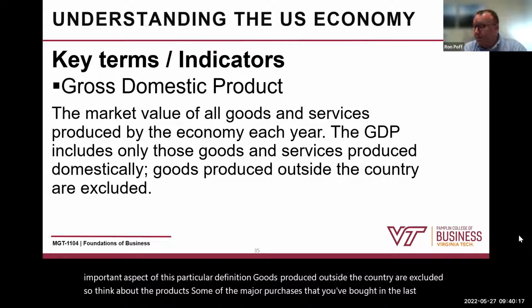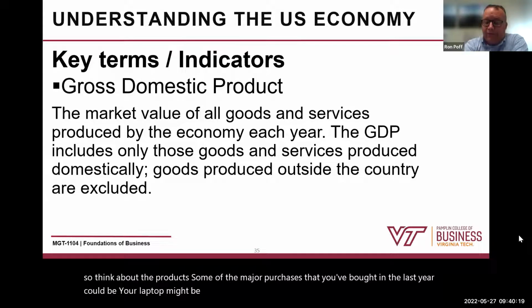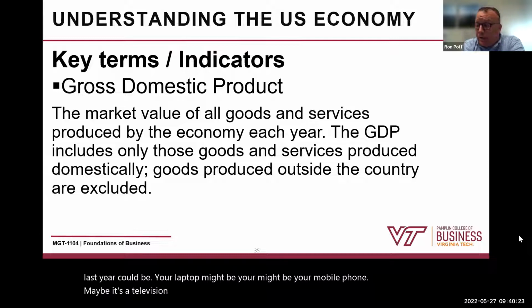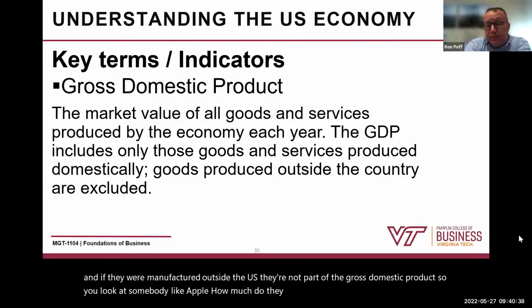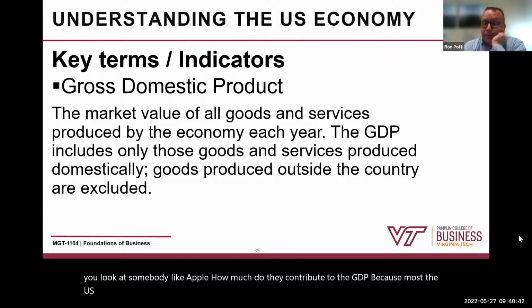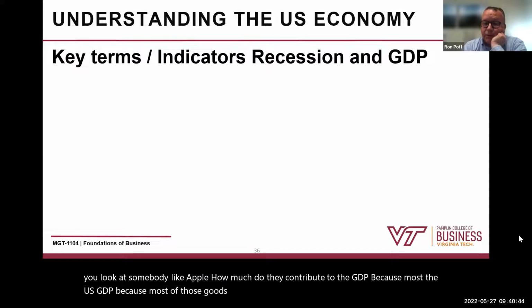Could be your laptop, might be your mobile phone. Maybe it's a television at home in your apartment. Think about where those were manufactured. And if they were manufactured outside the U.S., they're not part of the gross domestic product. So you look at somebody like Apple. How much do they contribute to the U.S.'s GDP? Not much, because most of those goods are produced outside the country.